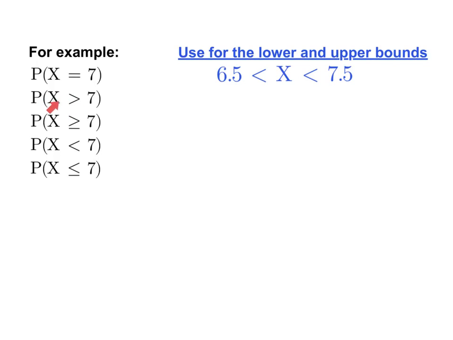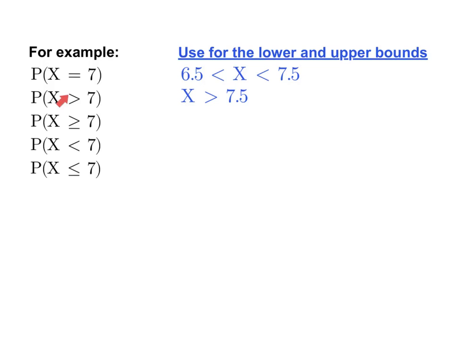So when I'm looking for the probability that x is greater than 7, is 7 a part of that? No. Greater than 7. Not equal to 7. So think about the values that are greater than 7. And again, you're always adding a half of a point. So if I want to exclude 7, pick a number bigger than 7 and beyond, what should I pick? 7.5.